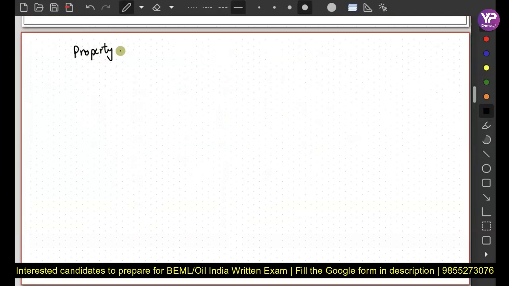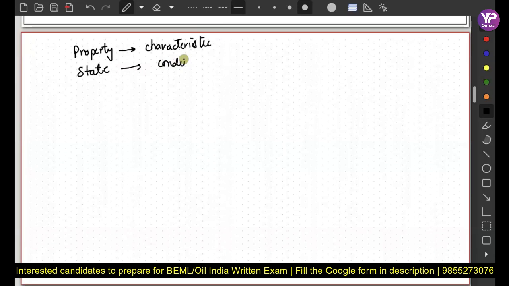I have told you that property represents the characteristics of the system. What is the meaning of state? State simply means the condition of the system.